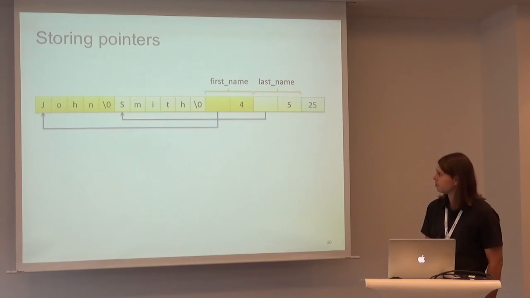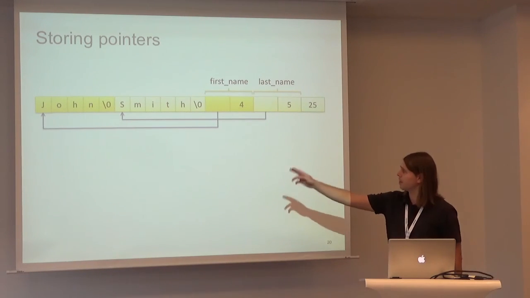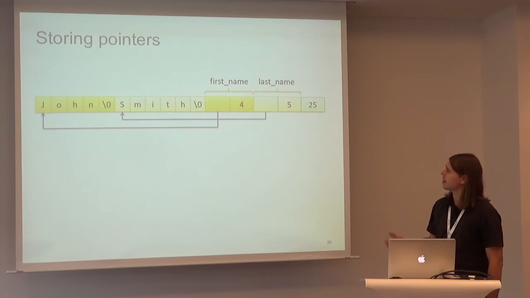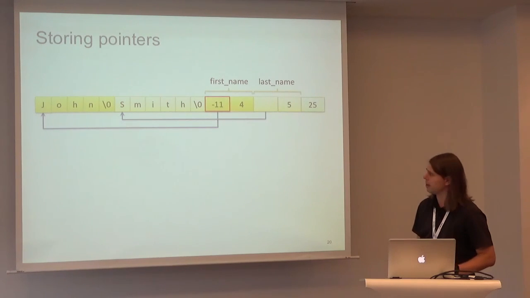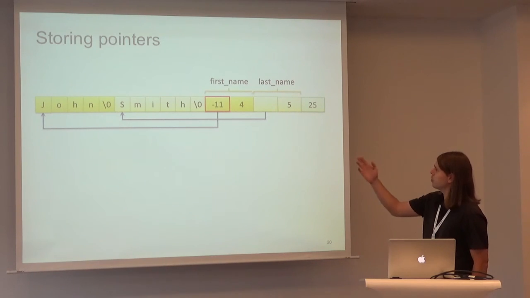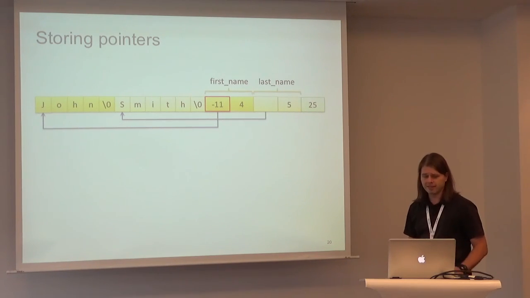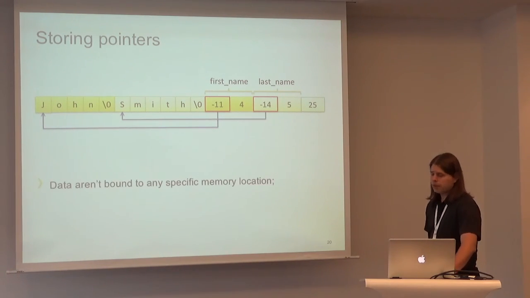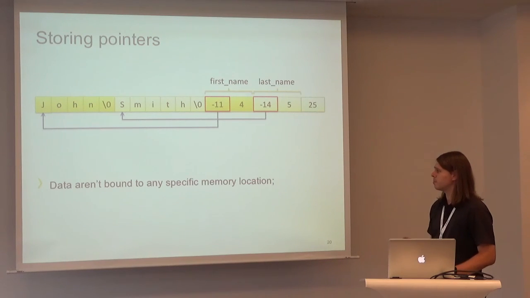It's something like this. When we need to store this capital letter J, we just count the displacement. This J is 11 bytes ahead of this pointer, so we just write minus 11. The same thing applies to this capital S. Well, assuming this pointer and this integer are 4 bytes in size, the S is 14 bytes ahead, so we write minus 14. This way, on the one hand, data aren't bound to any specific memory locations.